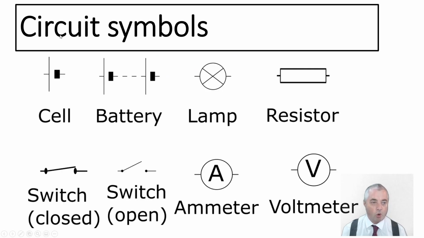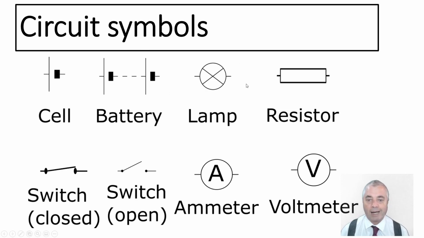We could draw this 8 times. That would be a battery. But we have a symbol to save us having to draw lots of cells. So we draw the first cell and then a dotted line to show that there are more cells, and then the last cell, and then we would put what the voltage of the battery was above it. So that's the symbol for a battery.